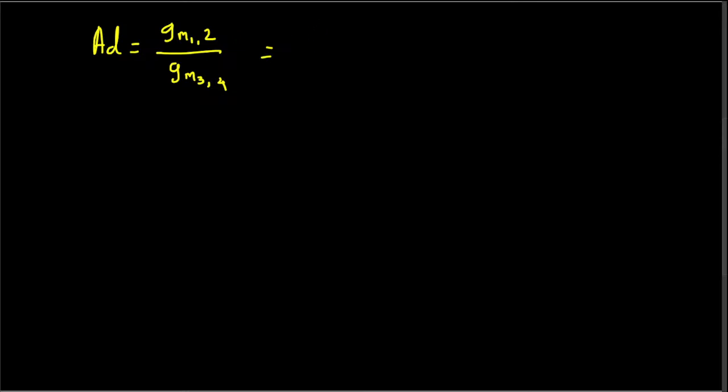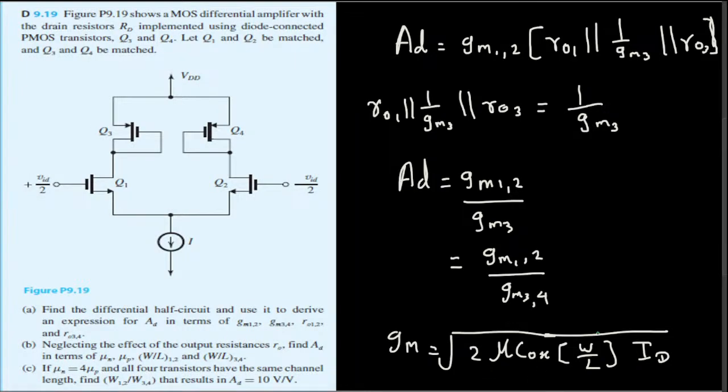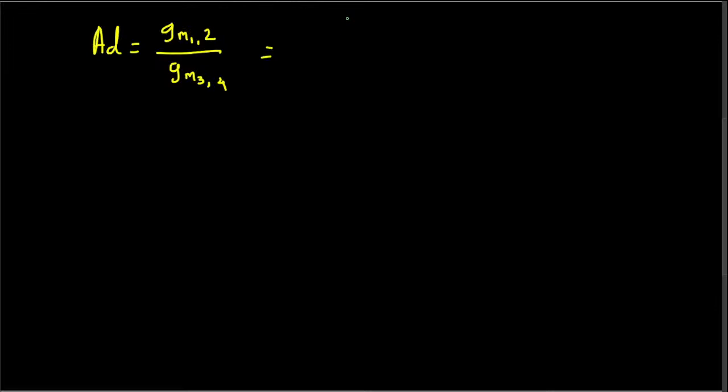Let's write this fully. First I'm writing it in terms of 1 and 2. If you look at 1 and 2, those two are NMOS, because you see the arrow pointing outward. So this is going to be the square root of 2 mu n COX W over L 1 2 ID.